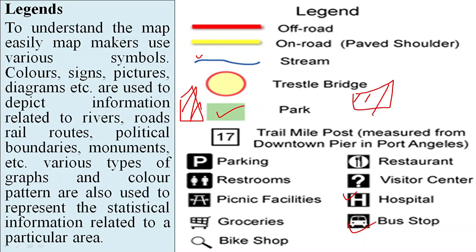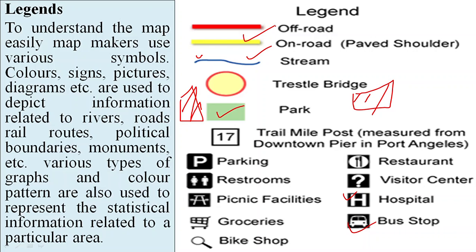So we can use various symbols to represent the information that you want to depict on the map, like rivers, roads, railroads. For a stream, this symbol is used, the curvy blue colored line. For roads, you can use red color.